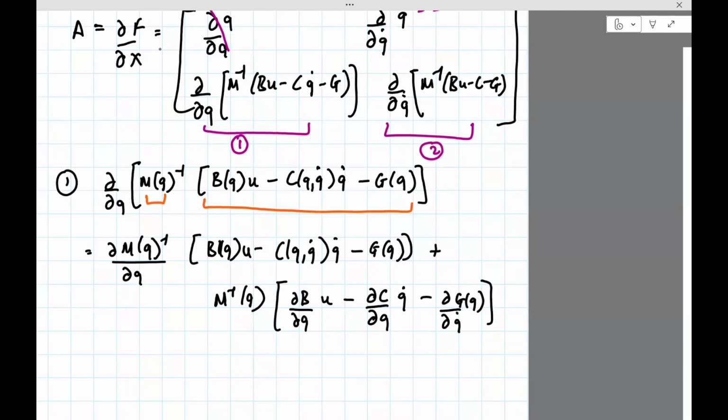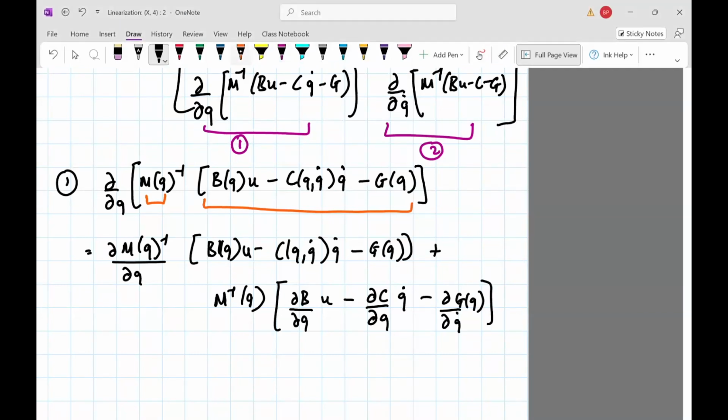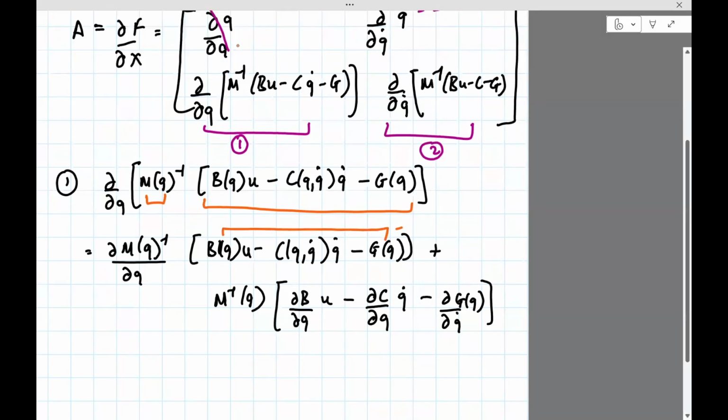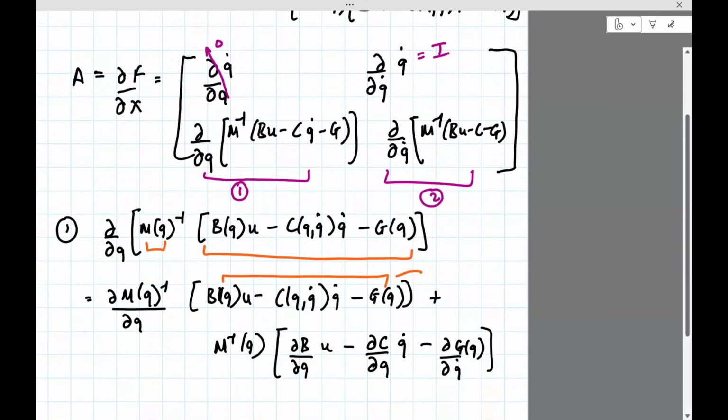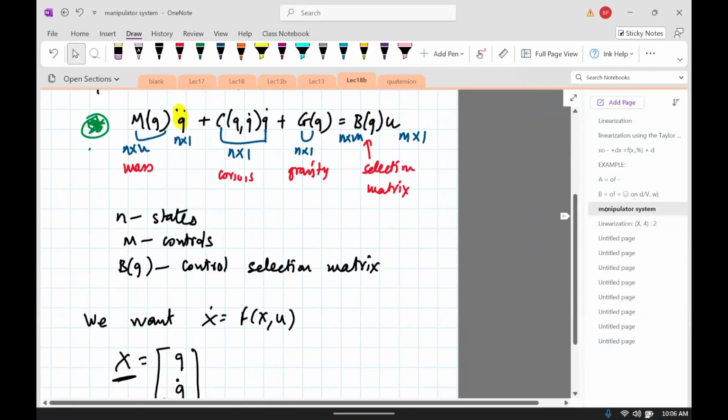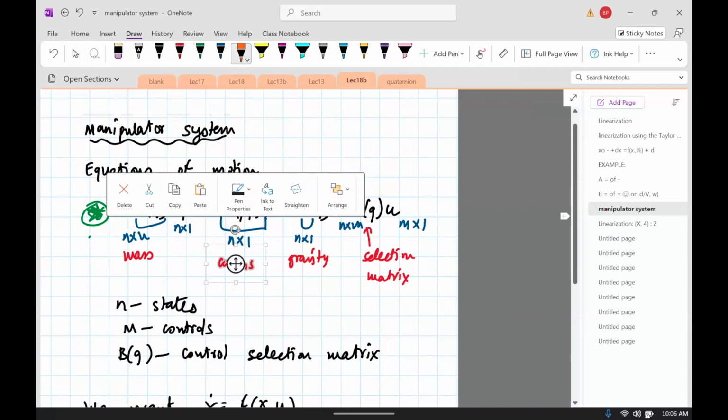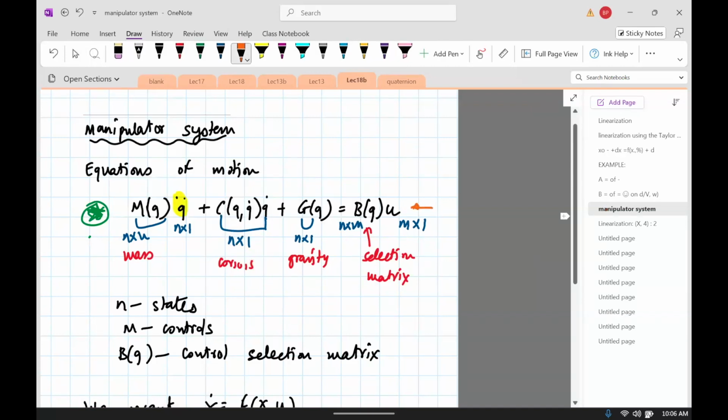Now we can do a little bit of simplification here. This term, what is this? If you look at this expression for the equations of motion, what we had done is we had moved this, this, and this to the right-hand side.